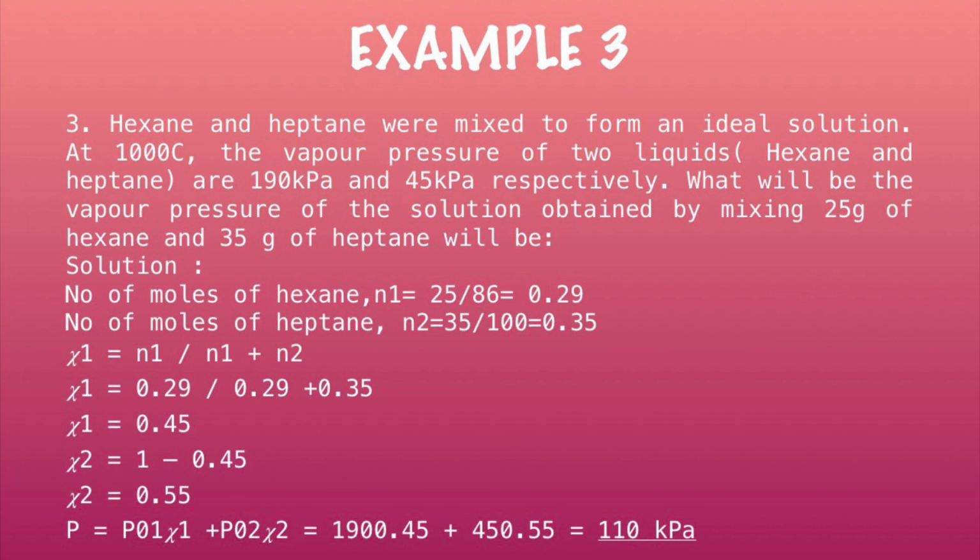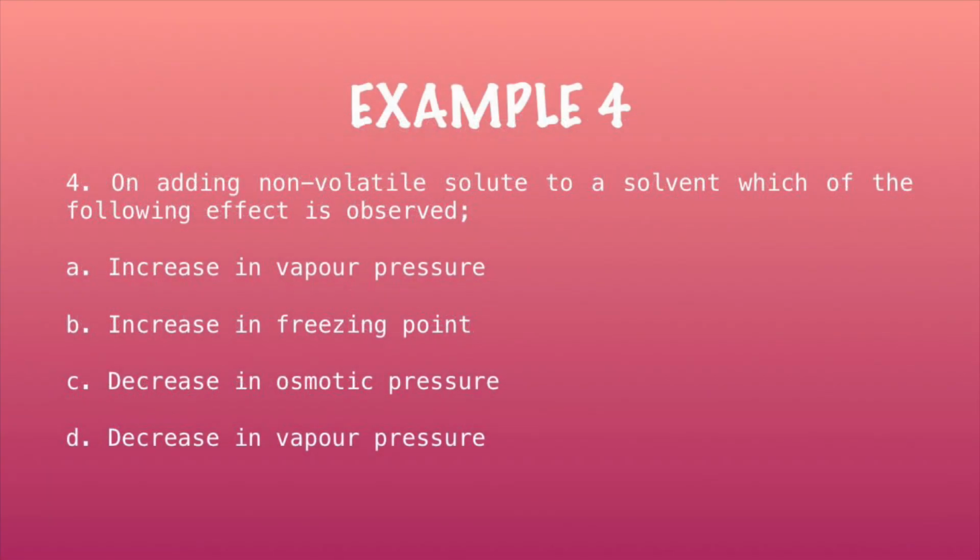And then we have that P equals P01 x1 plus P02 x2. And we have here the numbers: 190 times 0.45 plus 45 times 0.55 equals 110 kilopascals.